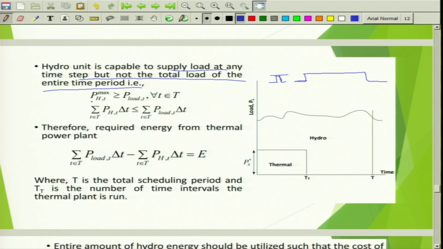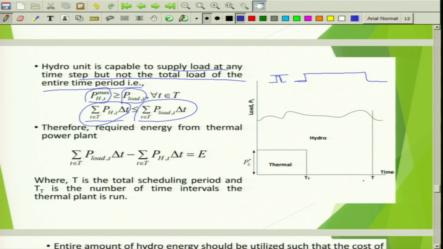So you can see here that the maximum hydro capacity is higher than the load demand for a specific given time sample. But if you consider that energy is power into time, the total energy available in the hydropower plant may not be sufficient, that means it is lesser than the total energy demand over the time period of the schedule.